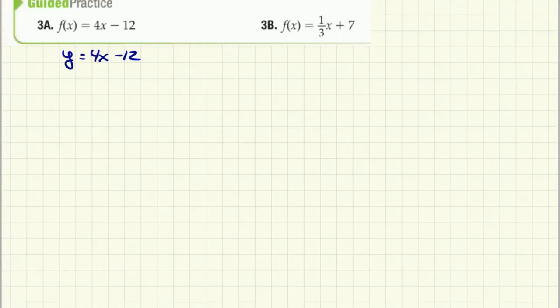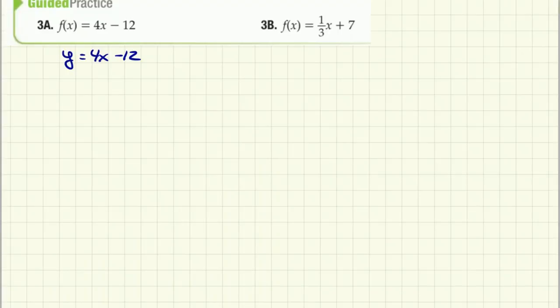There's no difference whether the equation is in function notation, f of x notation, or whether it is in slope-intercept form, y equals 4x minus 12. So f of x equals 4x minus 12 and y equals 4x minus 12 are exactly the same thing. Good so far? This is nothing new.